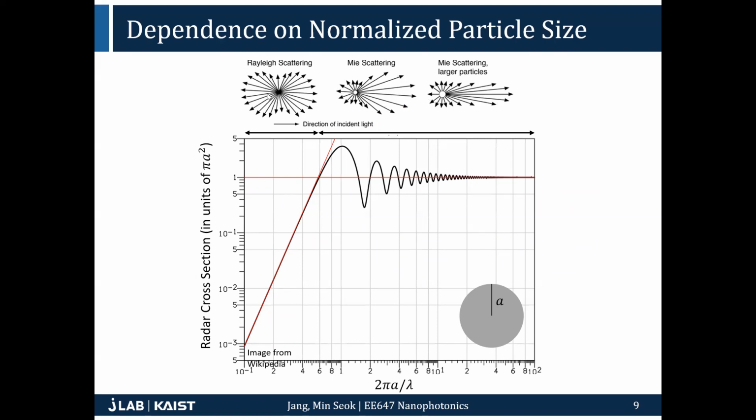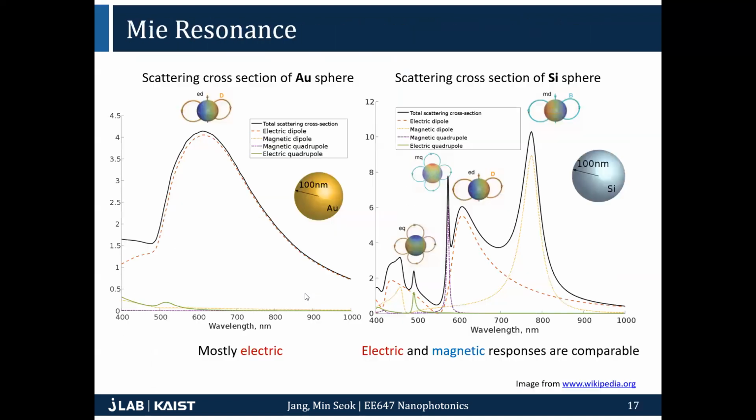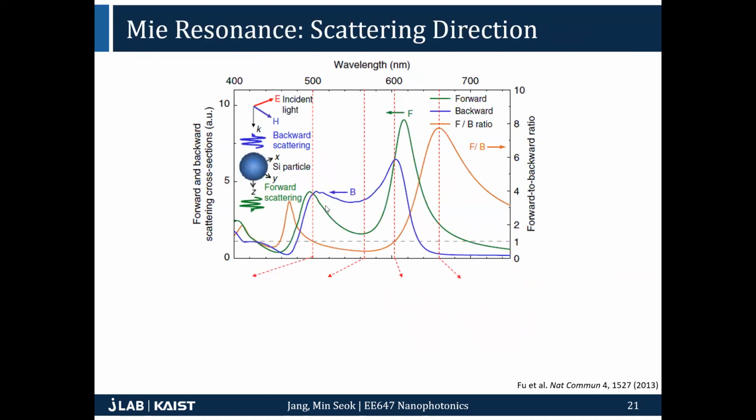So based on this chart, it seems there's no way to control the scattering direction, right? But what you observe here is that even with the same particle size, the scattering direction can vary a lot. It can be almost 100% forward, or very backward, or forward and backward can become the same. So I just want to tell you why this is happening.